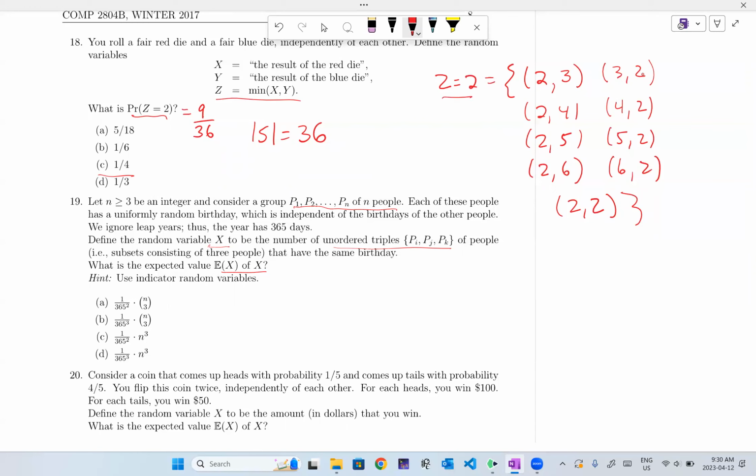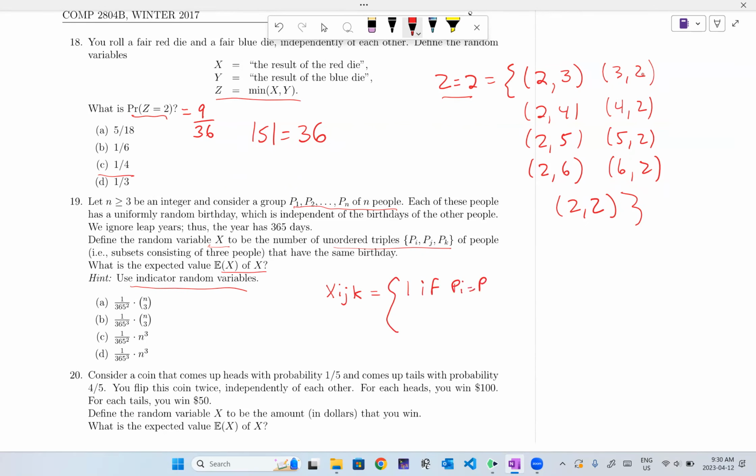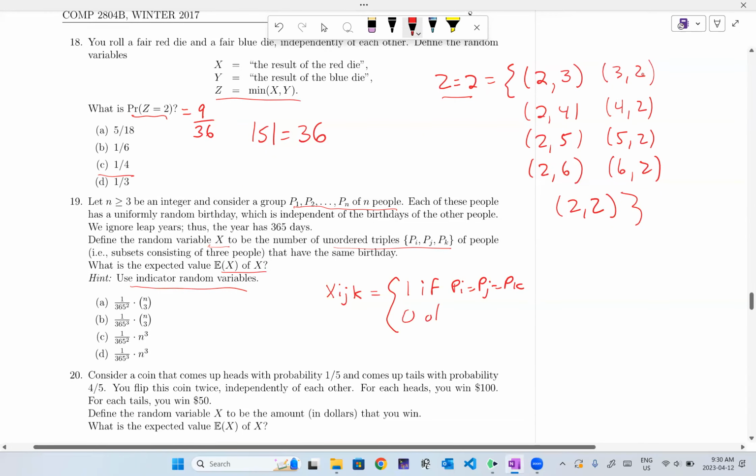So my indicator random variable for whatever 3 people I choose will be 1 or 0. X_ijk is equal to 1 if Pi equals Pj equals Pk, where these would be their birthdays, and 0 otherwise.